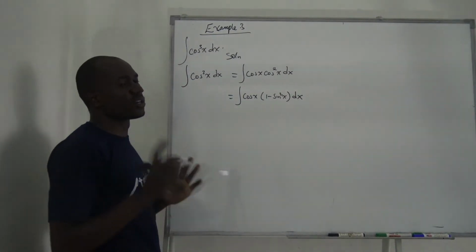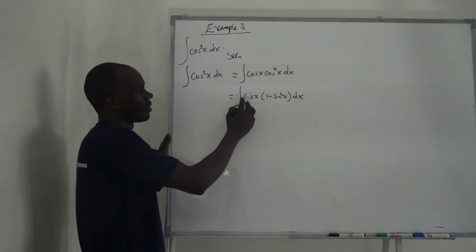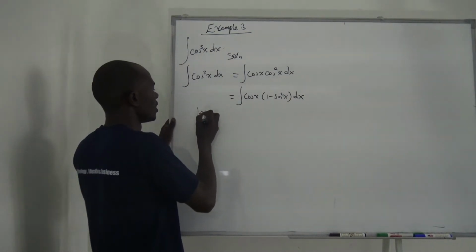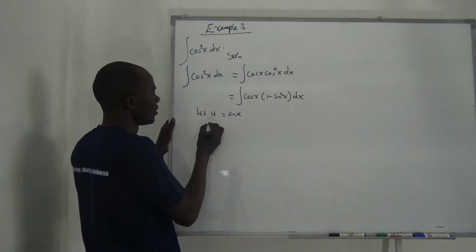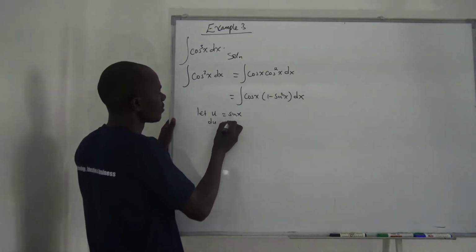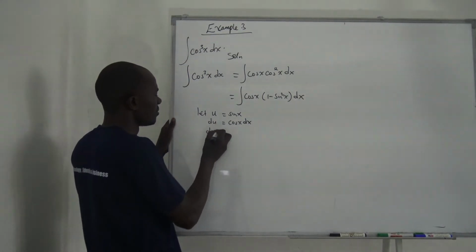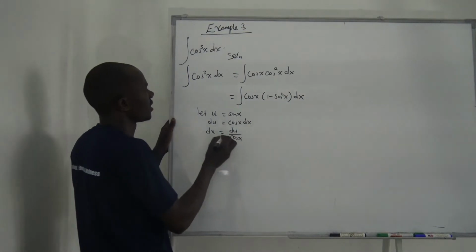Same story: function and its derivative. When I differentiate a sine, I get a cos. So let u equals sine x. Differentiating, du equals cos x dx. Make dx the subject: dx becomes du out of cos x.